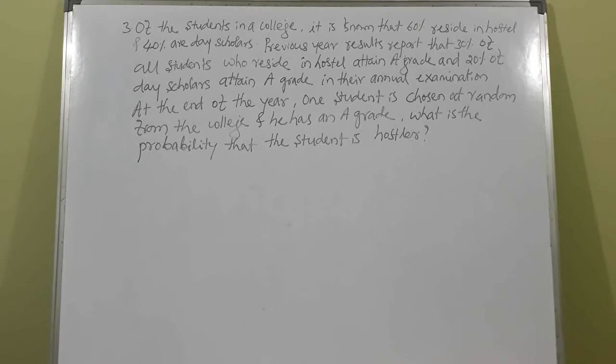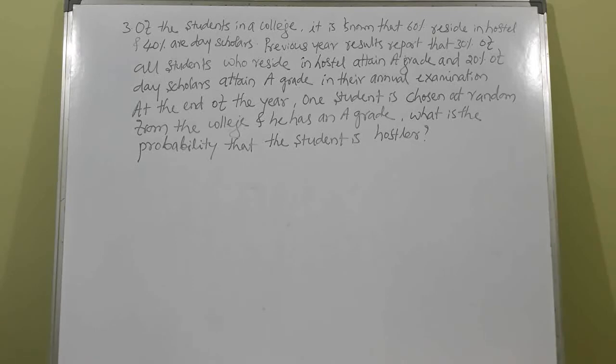Previous year results report that 30% of all students who reside in hostel attend A grade and 20% of day scholars attend A grade in their annual exam. At the end of the year, one student is chosen at random from the college. He has an A grade. What is the probability that the student is a hosteler?